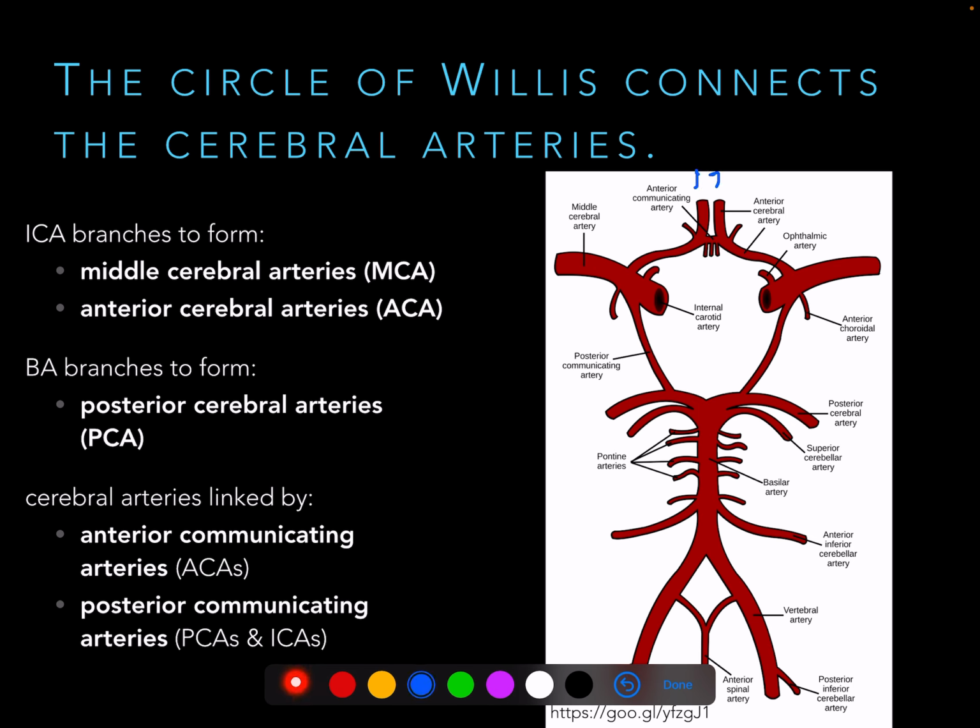So here's one, here's the other, and they're connected by the anterior communicating artery, of which there is only one. Then we have the posterior communicating arteries, 1 and 2, connecting our middle cerebral artery to the posterior cerebral artery. And now we have our good old circle of Willis.